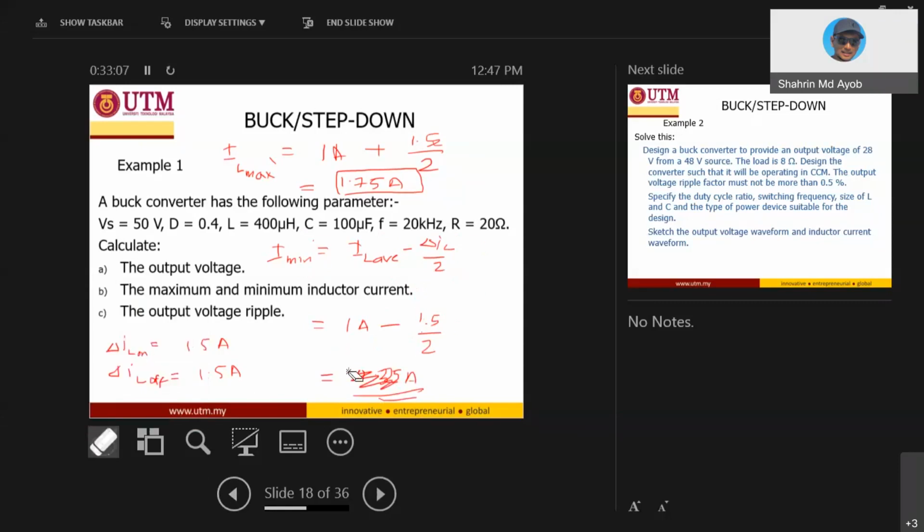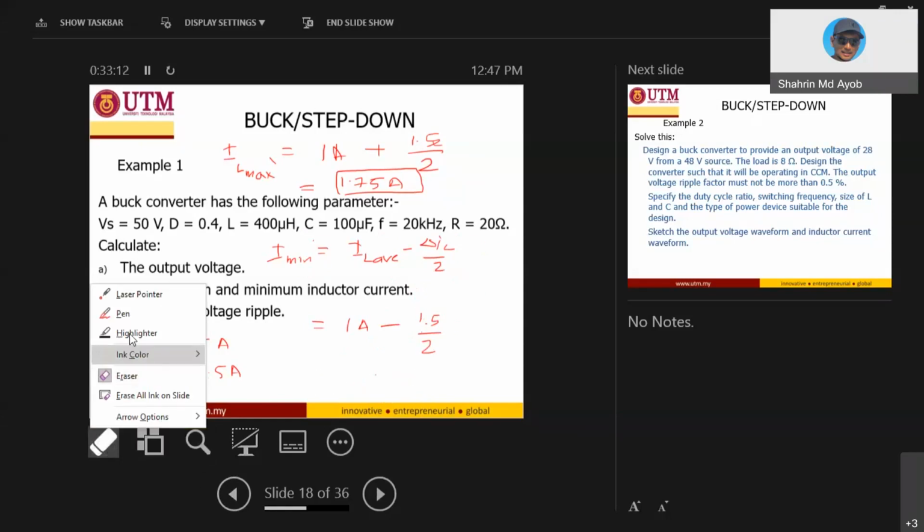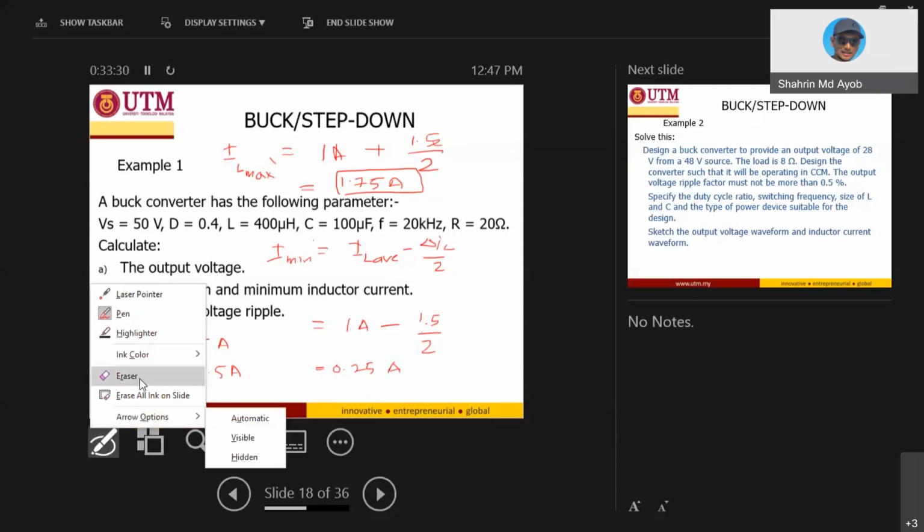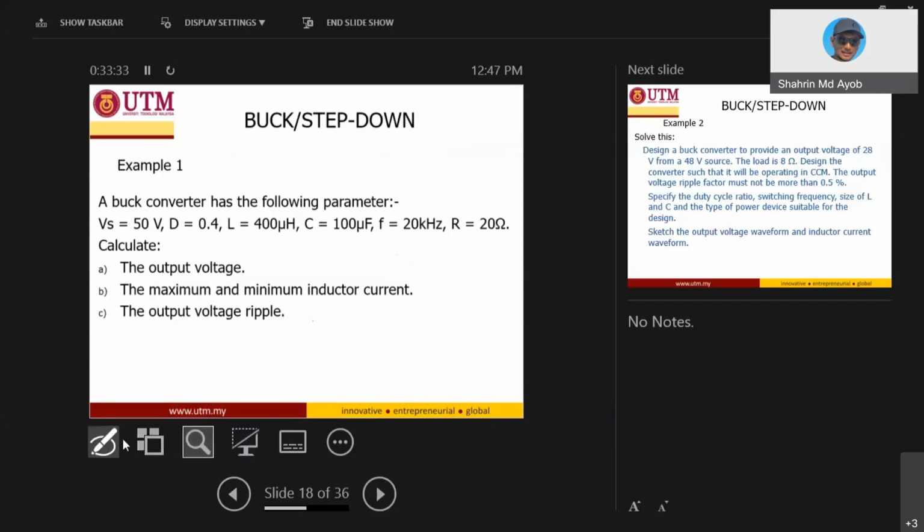Slide ni pendek betul. Okay. Okay, meaning that if I draw my waveform, current IL, so I got my minimum current here, and then it ramps to maximum, and then goes back to minimum and maximum.